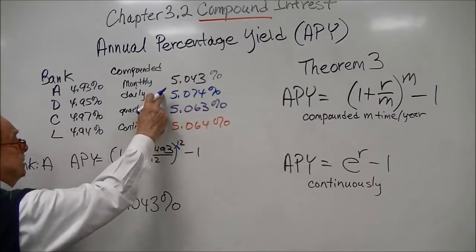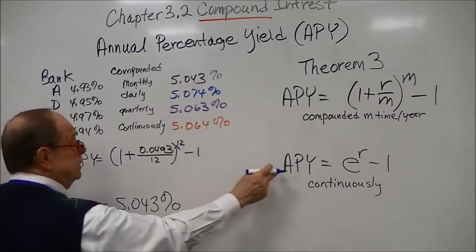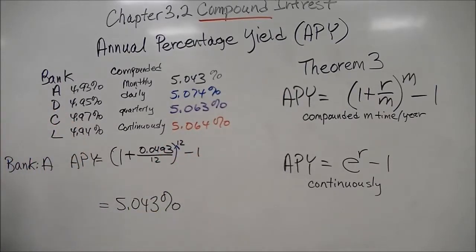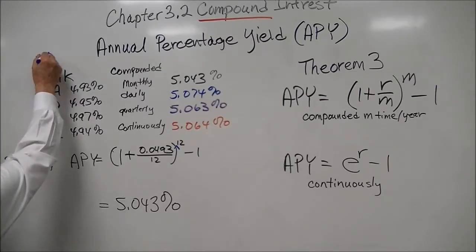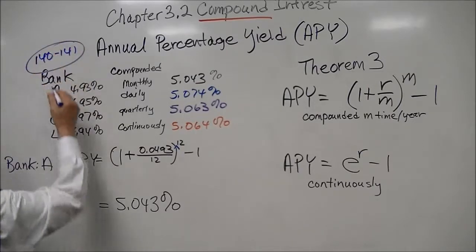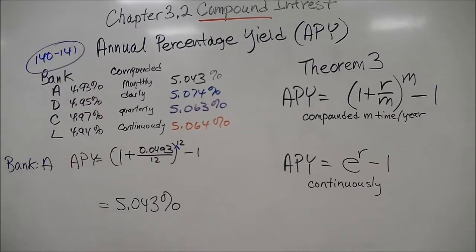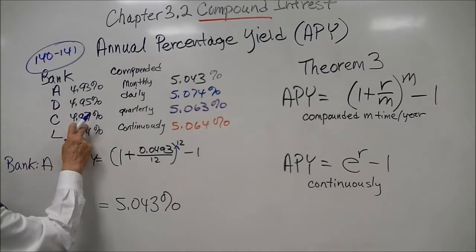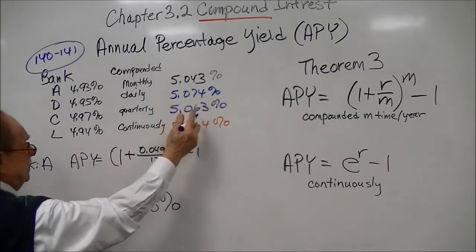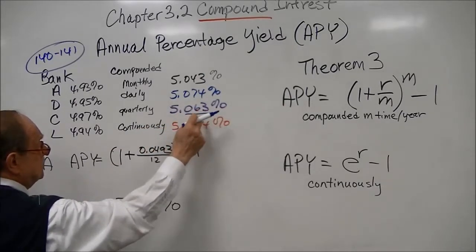I did the same thing for this, use this formula for this one, and now I compare my percentage rates. Because what this problem is asking you to do, and this is on page 140, 141, is which bank rate is the best. Now we said this was the highest, but notice their last part is 6.3.